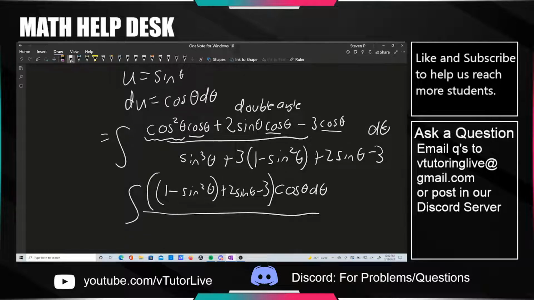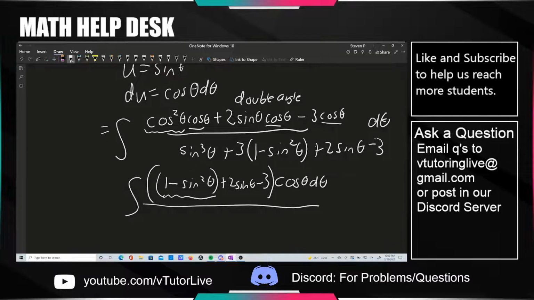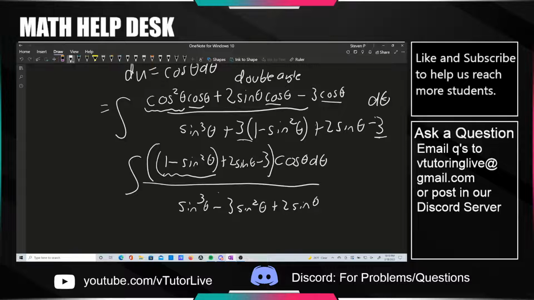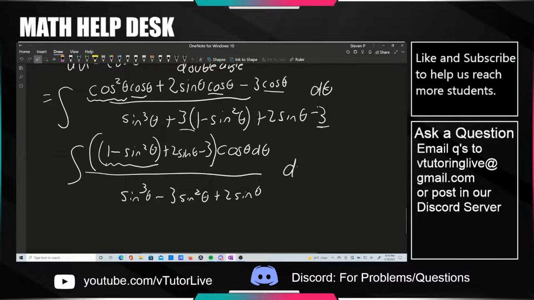This is just a tiny bit of algebra, right? I'm factoring out the cosine theta, and I'm doing the sine squared, cosine squared identity. And then down here we have sine cubed. The plus 3 and the minus 3 cancel out, so we get a minus 3 sine squared plus 2 sine theta. So you notice that you can also get a sine theta to factor out down here, too. But yeah, things should start looking really, really nice. Yes?